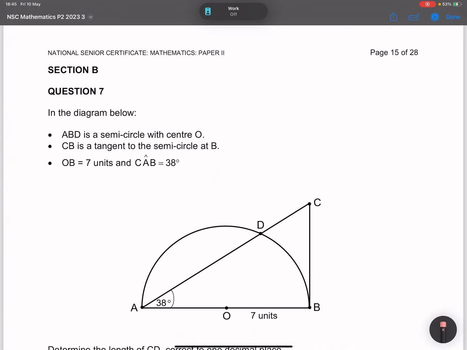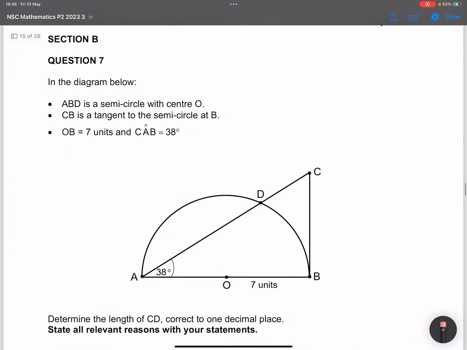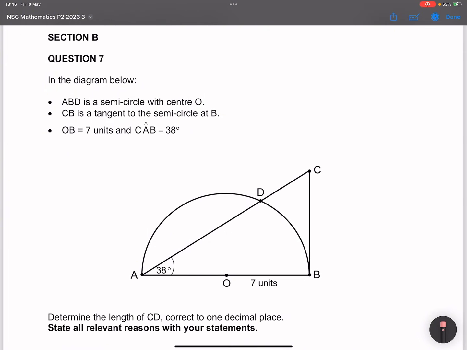Section B, question 7. Let's go, ladies and gents. So they say ABD is a semicircle with center O. All right, so let's look at that. So center O, and they say to us we've got CB, which is a tangent to the semicircle at B. Remember you've got tangent as well as diameter, so that would definitely be perpendicular.